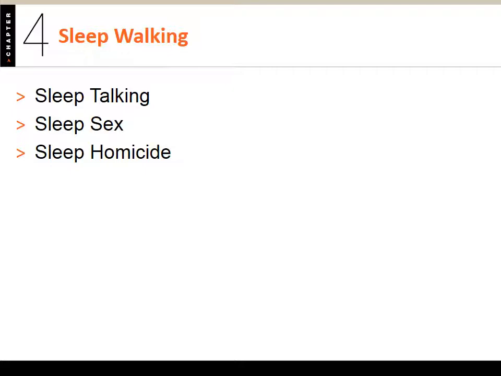Maybe a lot more of you are familiar with sleep talking, people that talk in their sleep. You might have had a brother or sister, or a significant other, talking in their sleep. Could be that neuronal activity firing.